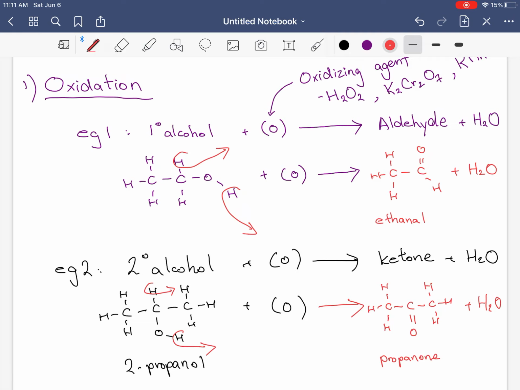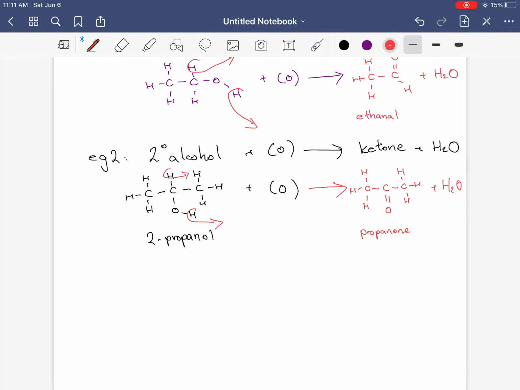So you have a primary alcohol oxidizing to give you an aldehyde. You have a secondary alcohol oxidizing to give you a ketone. Whoa. What about a tertiary alcohol? What would a tertiary alcohol give you? Well, let's take a look. Why not?